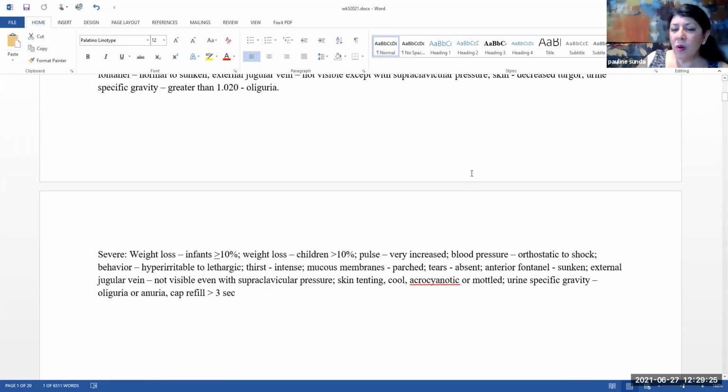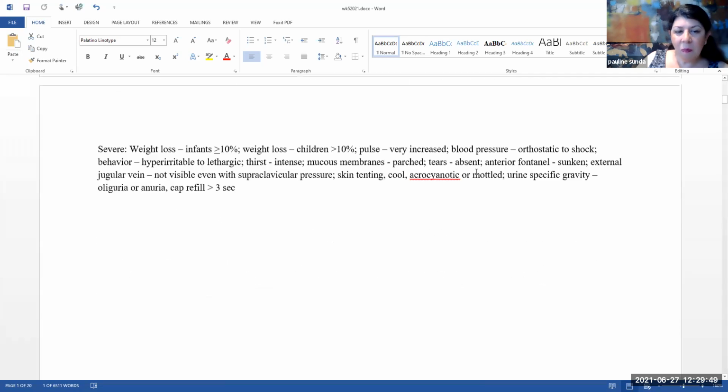Their mucous membranes are parched, tears can be absent, anterior fontanelle may be sunken. The external jugular vein may not be visible even with pressure. Skin, they may have significant tenting. The skin may be cool, they may be acrocyanotic or mottled. The urine specific gravity, they may be oliguric or anuric.